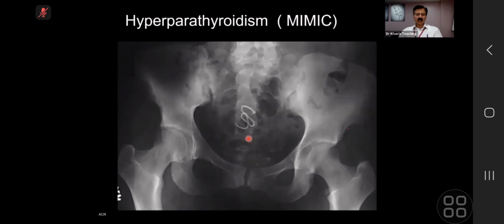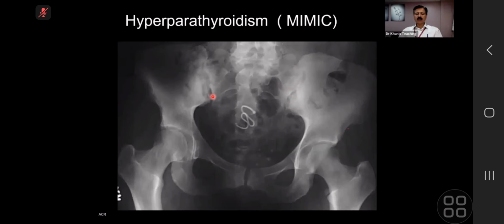This, on the other hand, is a very important exam film, hyperparathyroidism. I'll show you better films than this on Saturday, where there will be other stigmata of hyperparathyroidism. In hyperparathyroidism, the word mimic applies because it's a radiological finding, not a pathological finding.